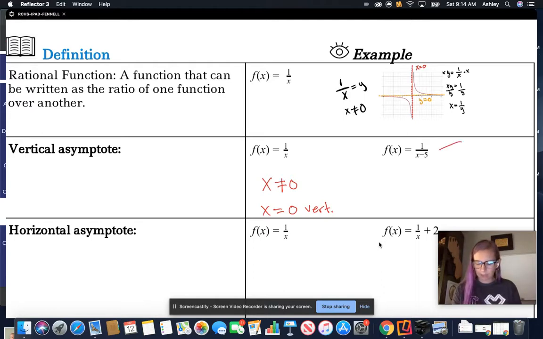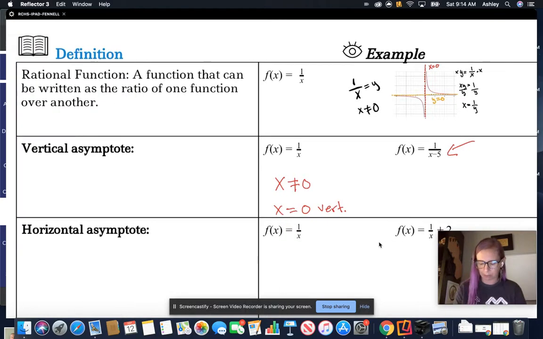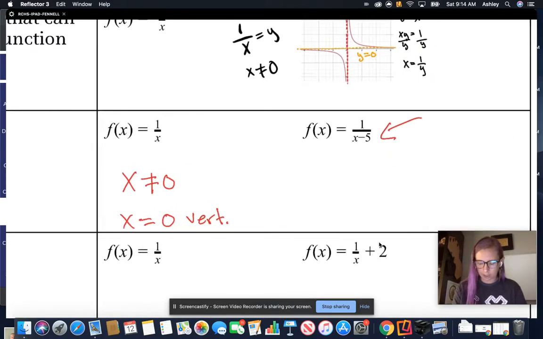However, what if we have something like this, where we have 1 over x minus 5? Well, now I need to determine what value of x would make that denominator equal to 0. So if I have x minus 5, what value would I plug in for x to make it 0?